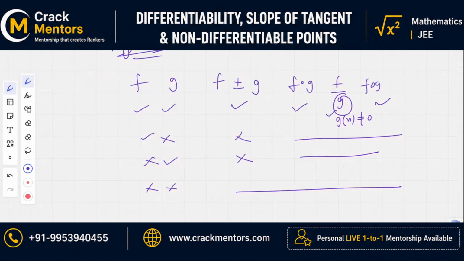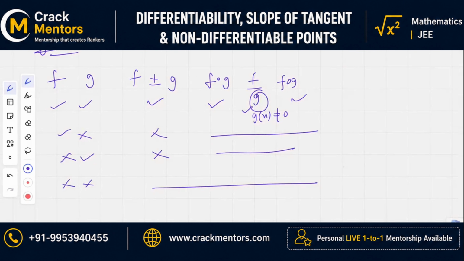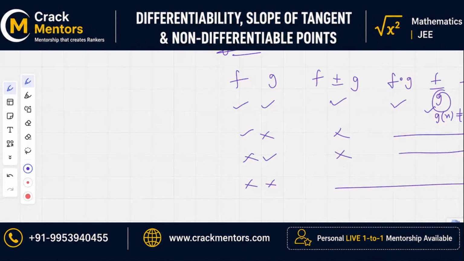I can take an example for this, maybe if you're getting confused about where we use this. Find the number of points of non-differentiability of cos mod x plus x power 1 by 3. You would probably be confused how to even proceed. That is where algebra comes into play.